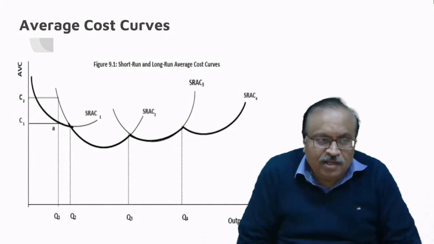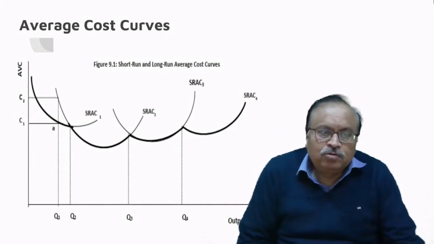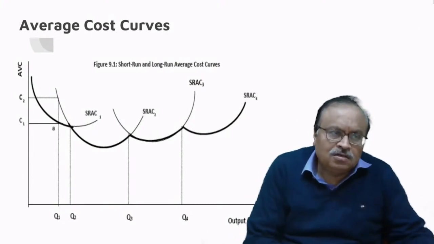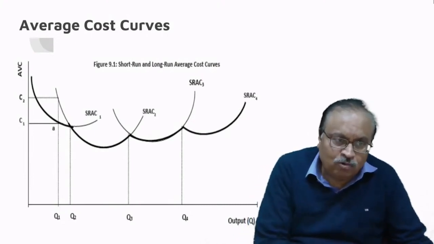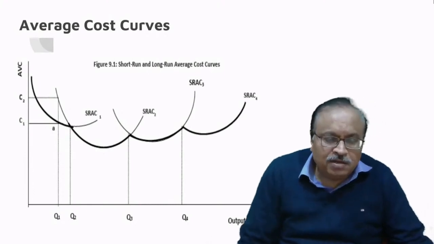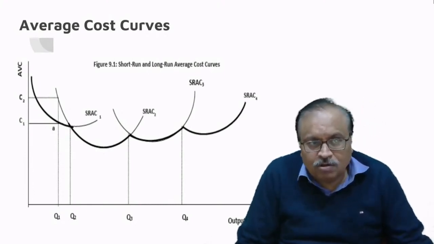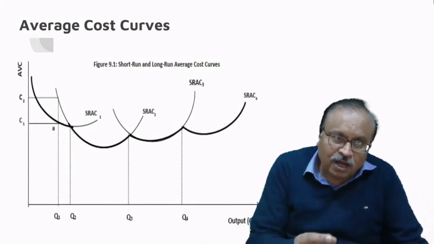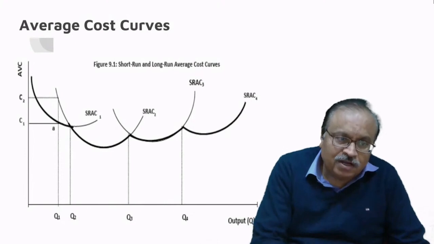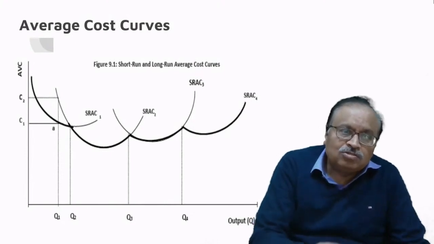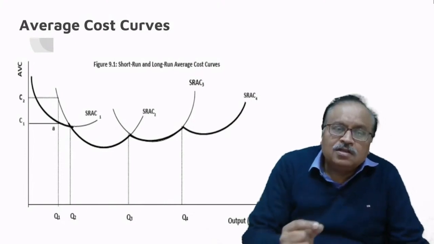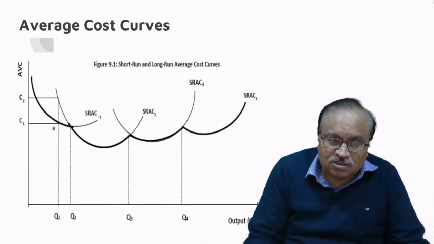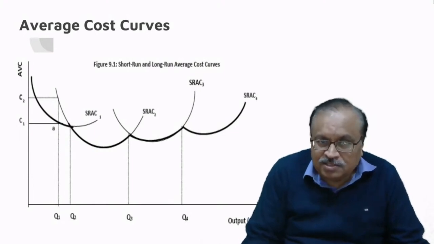on a time scale, at a cost one, we produce the quantity one. It is a short-run average cost, with output reflected on the x-axis and average variable cost reflected on the y-axis. Based on a particular cost, say C1, at a particular time, the short run average cost is SRAC1. Then for a production of Q2 units, the short run average cost is SRAC2.